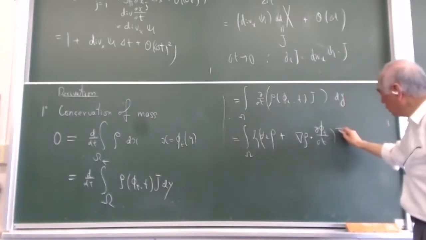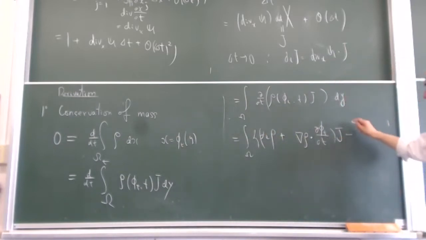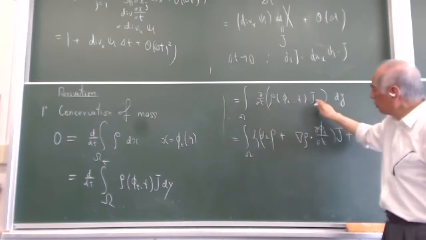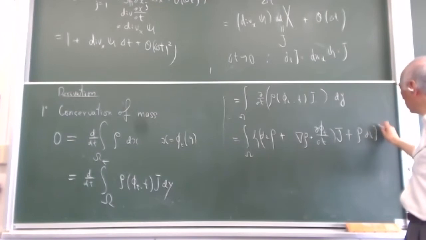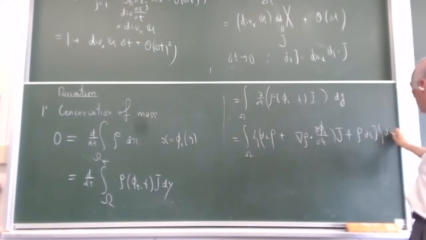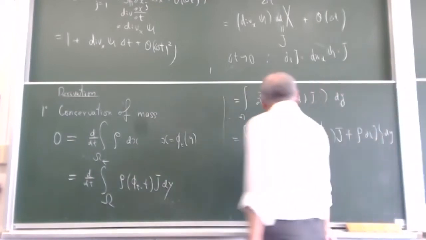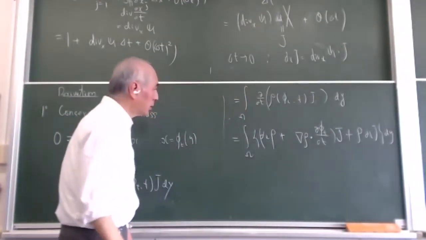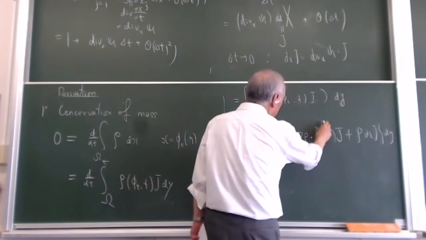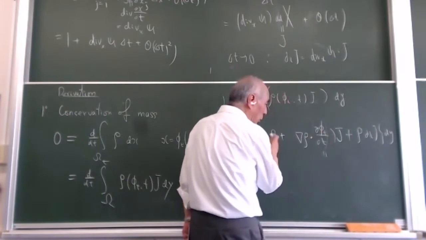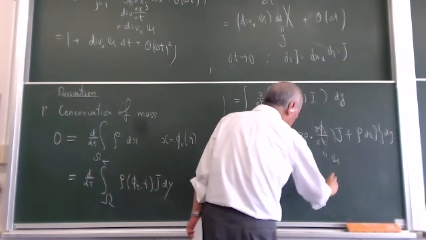Up to now is j, plus the derivative coming to here, so rho dt j. And then if you use the x coordinate, this is u.